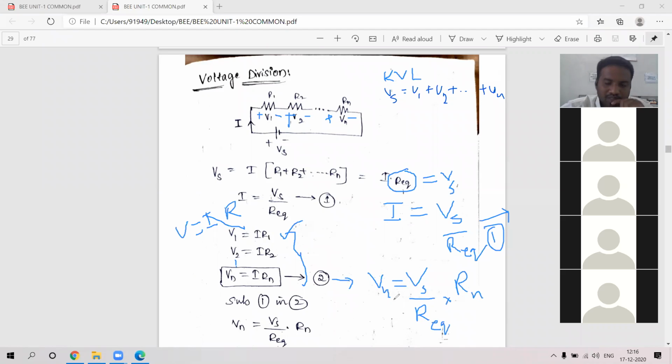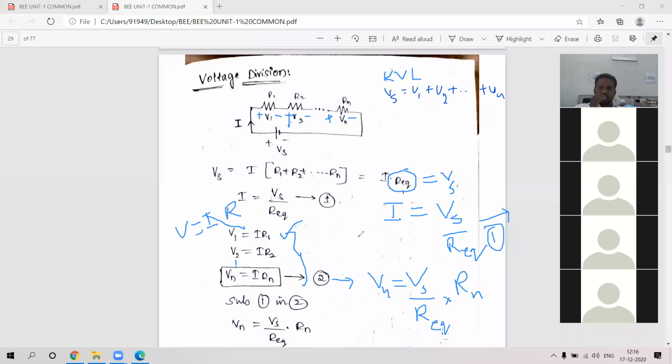Why are we doing this voltage division? Without calculating the current, we can get the value of voltage at a particular resistor. Voltage at particular resistors can be determined by making use of this formula. Suppose you want to measure the voltage across the nth resistor Rn.